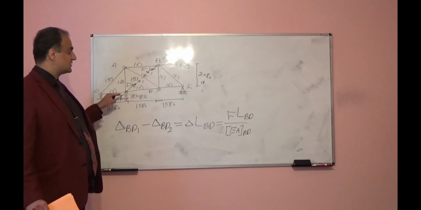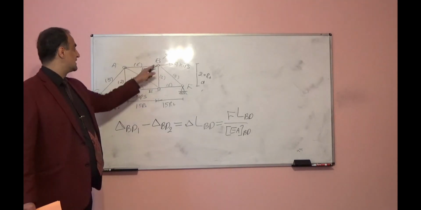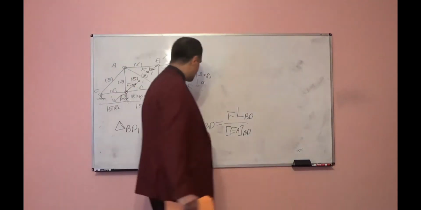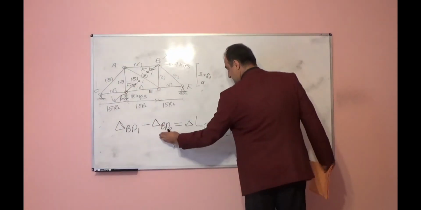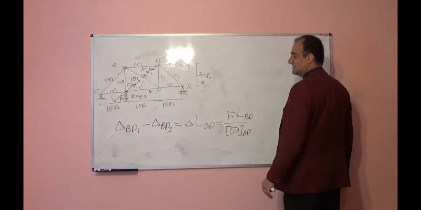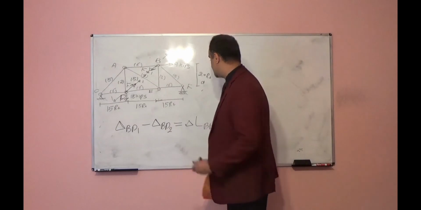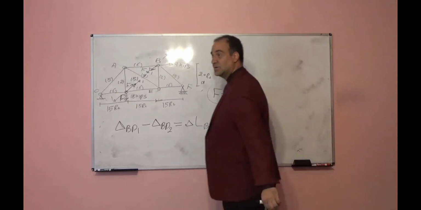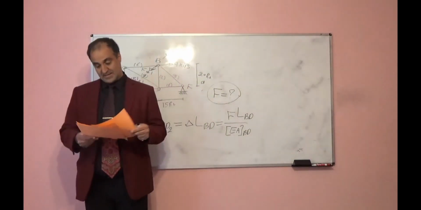Elongation of this member will be the force in this member times the length of this member divided by EA of that member. This delta BD2 is in terms of F. If we take it to the other side, we can find F, because it is one equation, one unknown, we can find F.